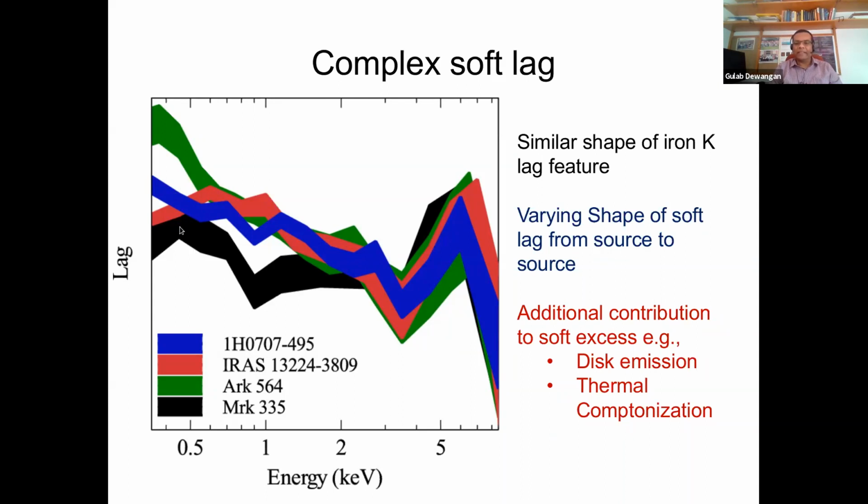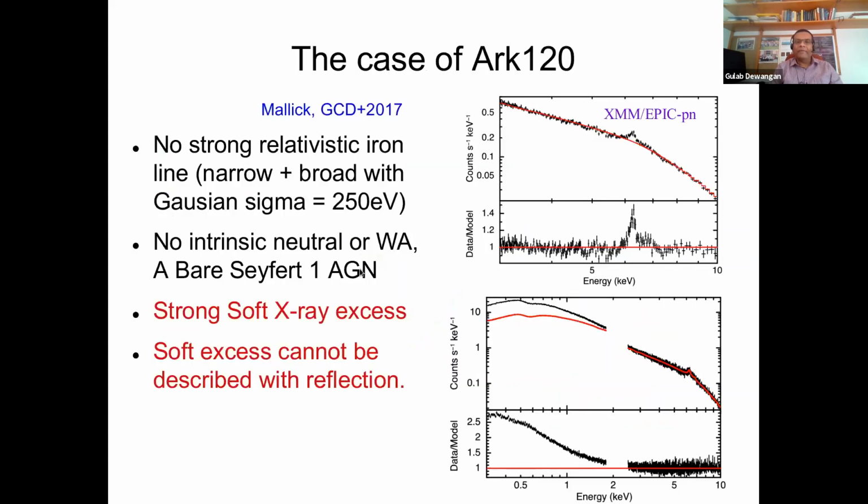So one question is whether the soft X-ray emission is pure reflection, or whether there is some additional component modulating it. This question arises from the reflection spectrum, and there are other reasons as well. If you look at some of the observations where you see very strong soft X-rays, but the iron line is not that broad.